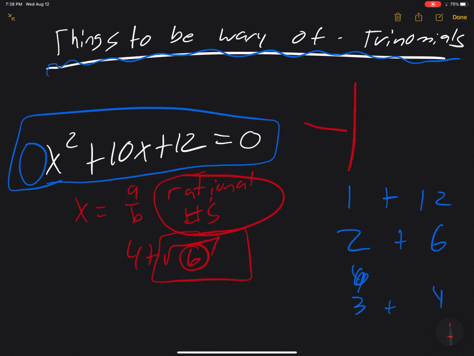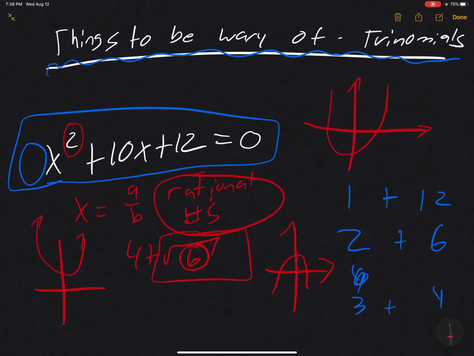On our Cartesian plane, we know that this equation, something that has a square, is parabolic. It looks like a big U, or if it's negative, it looks like a big N. It's a big curvy thing that goes to infinity in one direction. So, easily, you could have a big U sitting above the x-axis.